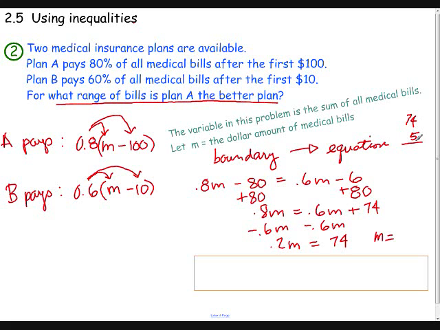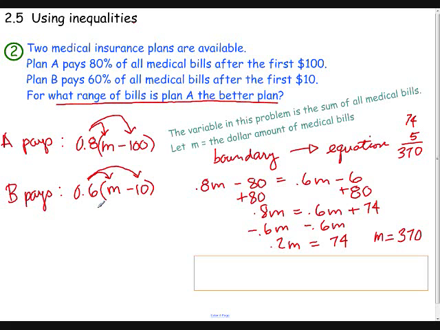I'm multiplying both sides times 5. Do you see why? If I multiply this times 5, it will become 1, which is what I want. Whatever I do to one side, I must do to the other. So this will give me 370. So that's the point where one plan becomes better than the other.